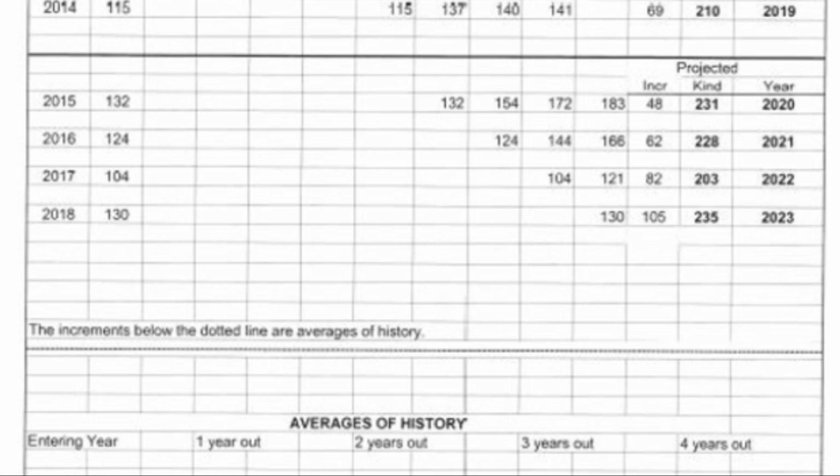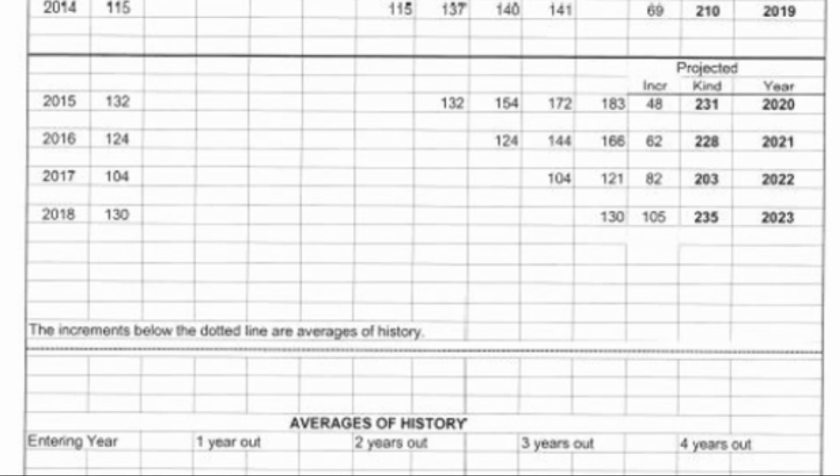Anyway, entering kindergarten 2015, that was birth year 2010, we had an increment of 35 students enter when they went from the 2014 census year to when they actually entered in 2015. Likewise, with the 2016 entering year, we had a 29 increase in students from the census year to when they entered kindergarten.